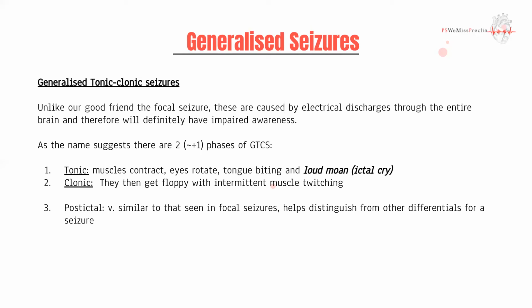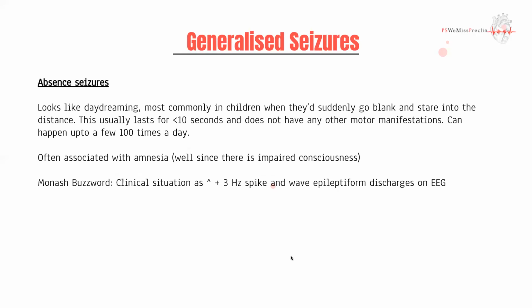And again, this is going back to that principle where you fired a lot of neurons and your entire body just was twitching uncontrollably. So you're very tired and your muscles hurt and everything hurts. A post-ictal phase is a good way to distinguish epileptic seizures from other differentials, and we'll talk about those in a second. Absence seizures are also good to know.